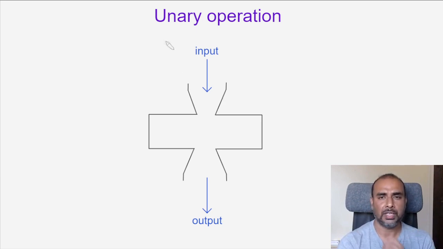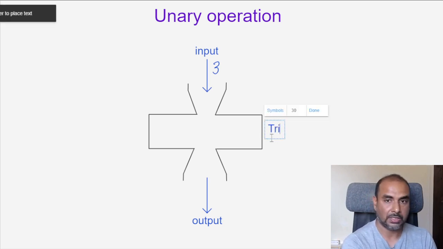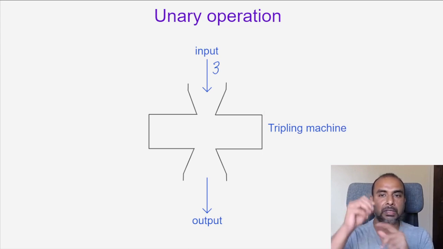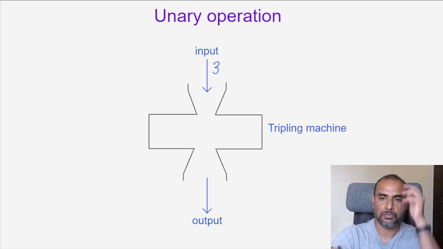So in a unary operation, let's say we have a number that's an input. Let's use the number 3, and the process is, let's call it a tripling machine. So this box shape is a machine that triples whatever is fed into it.